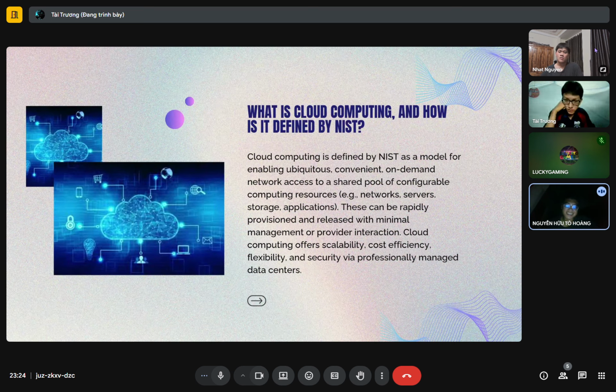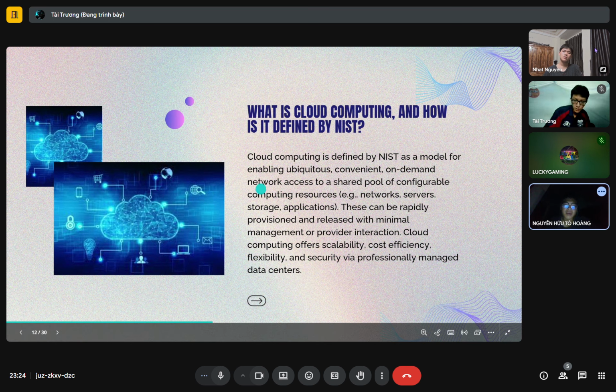Cloud computing is defined by NIST as a model for enabling ubiquitous, convenient, on-demand network access to a shared pool of configurable computing resources, for example networks, servers, storage, and applications. These can be rapidly provisioned and released with minimal management effort or provider interaction.